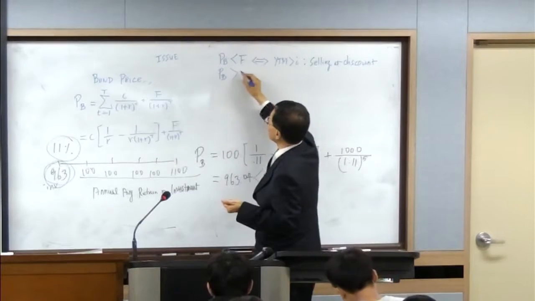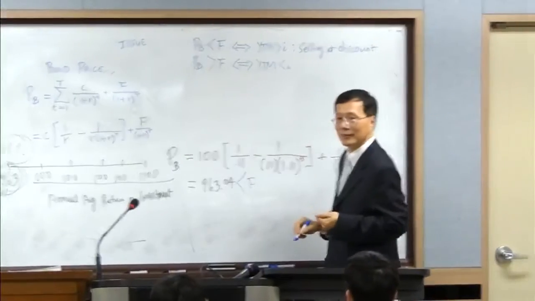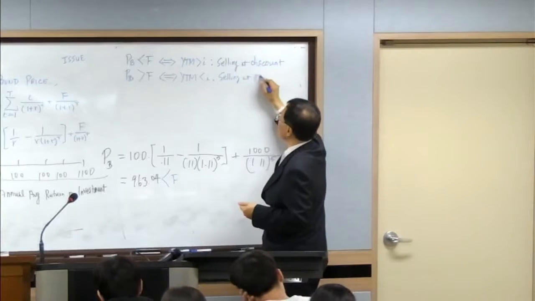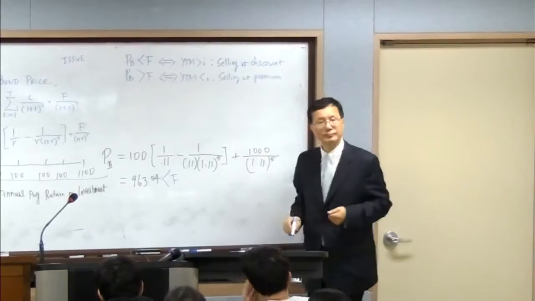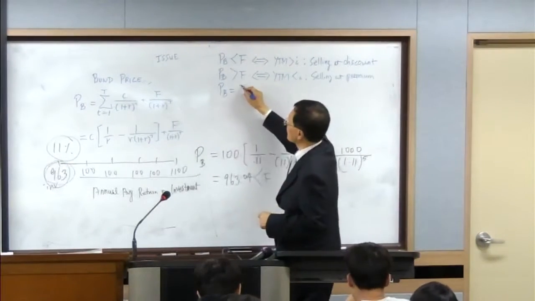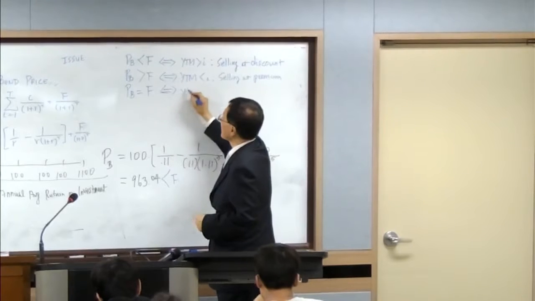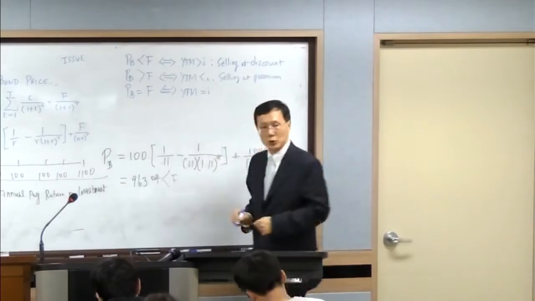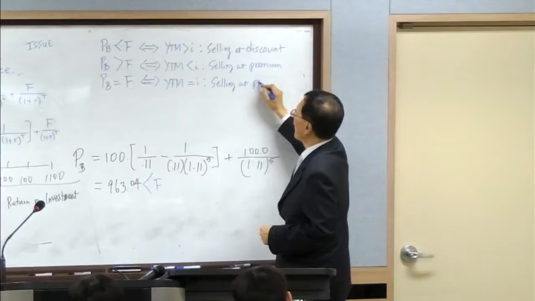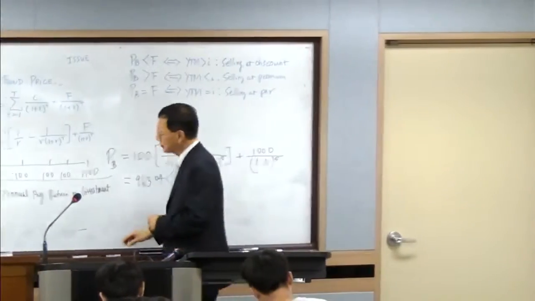Value of a bond is greater than face value if YTM is less than coupon interest rate. And this kind of bond is selling at premium. And sometimes present bond price is equal to the face value, like the case in the bank deposit. YTM is equal to coupon interest rate. And we call that the bond is selling at par. Okay?